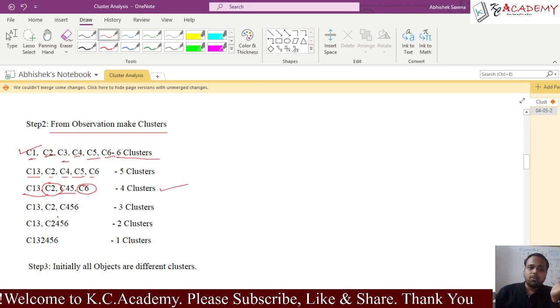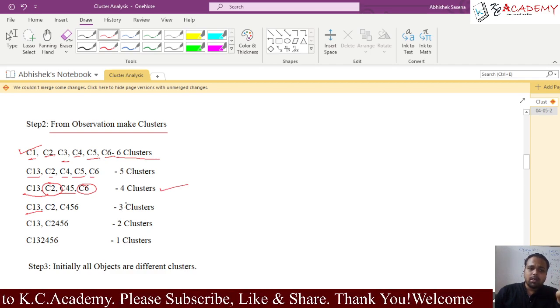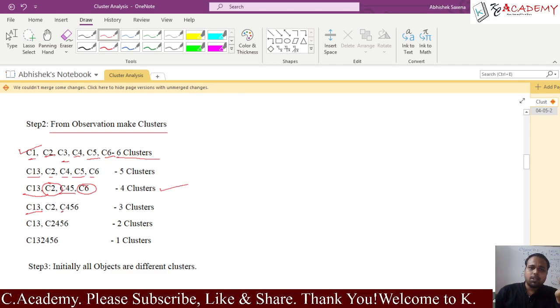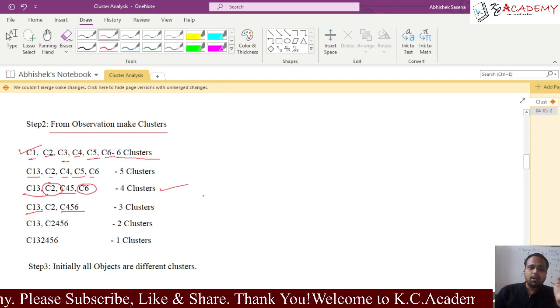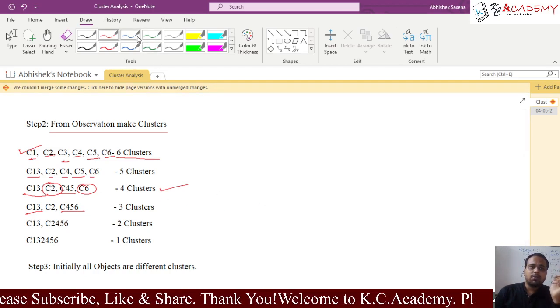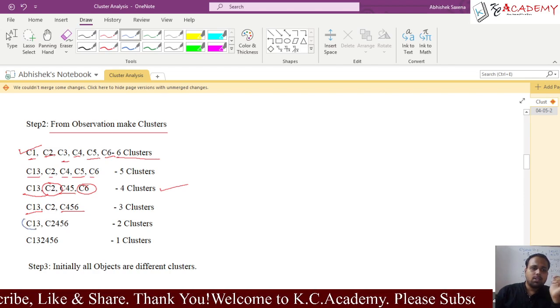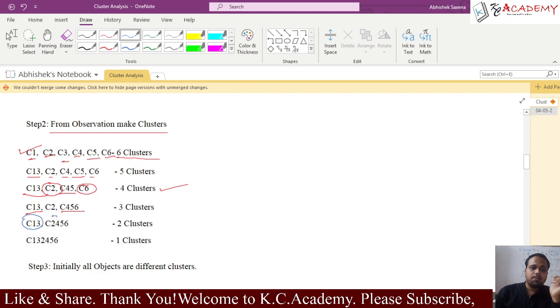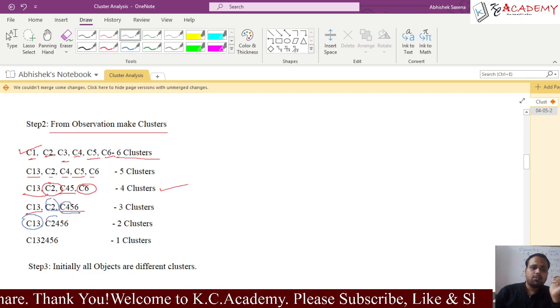Further, we combine C45 with C6 to get C456. So the clusters are C13, C2 and C456.